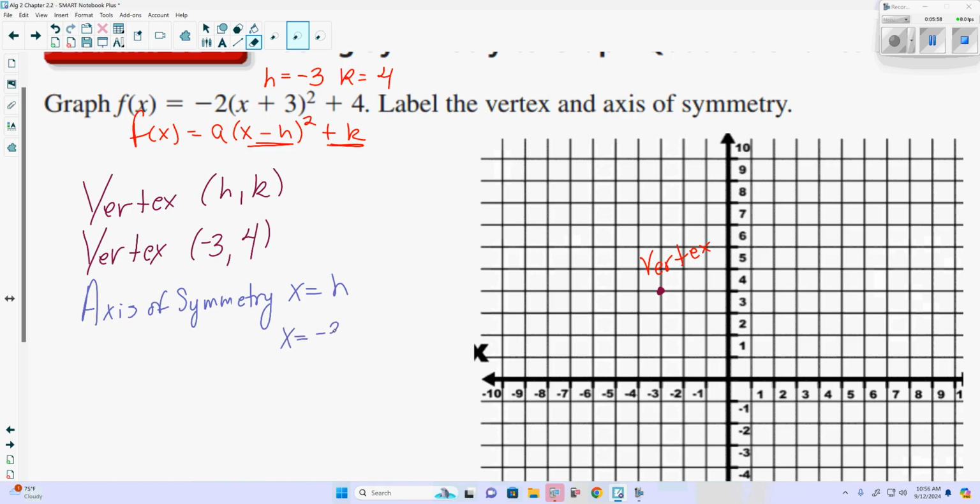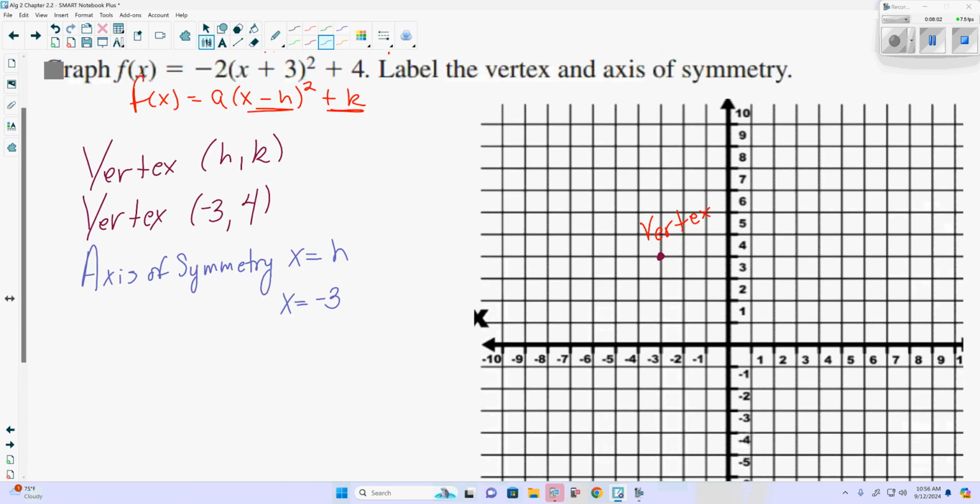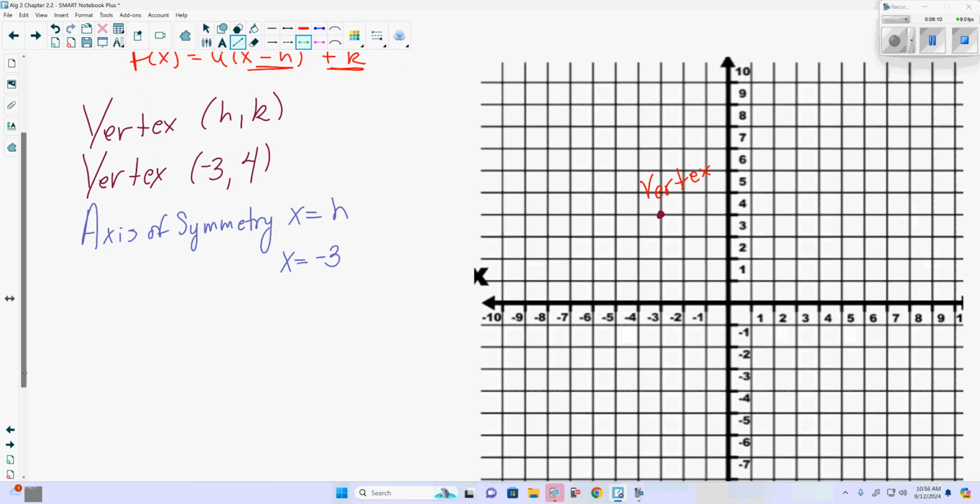So x is equal to negative 3. And if we were to plot this axis of symmetry, it would be this entire line here, because the axis of symmetry goes through the vertex and goes all the way up and down. This is our axis of symmetry.